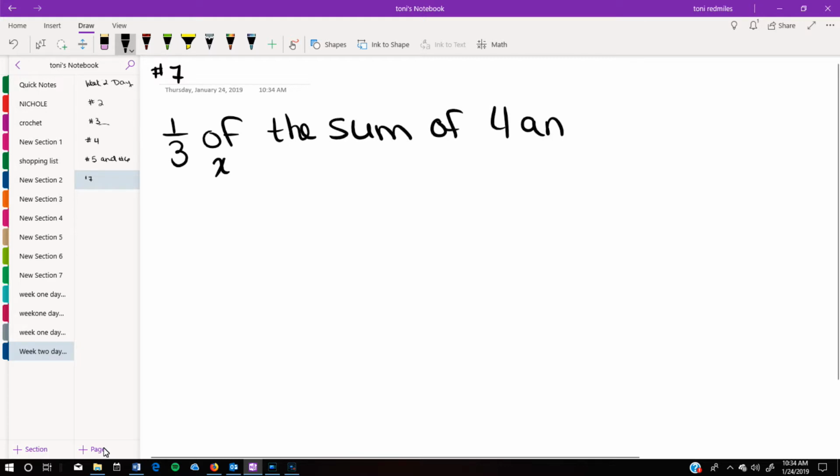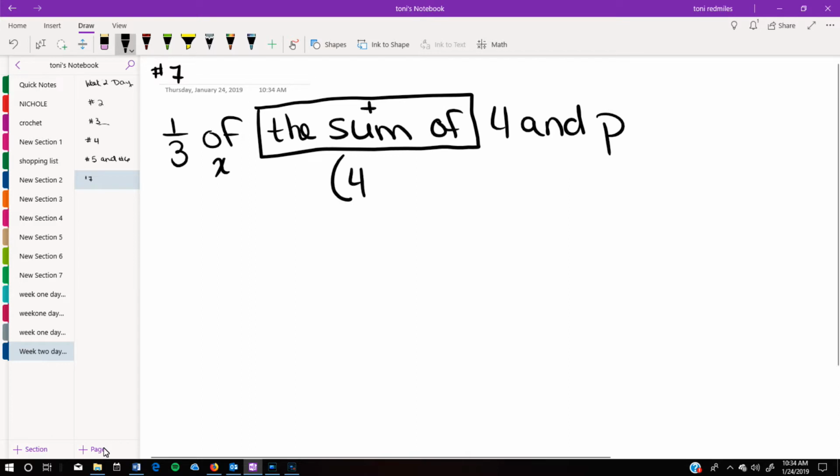Okay, so I have the sum of again, that means parentheses, and it means it's an adding parentheses. So 4 plus p, all right, and 1/3 is being times to it. So put 1/3 on the outside.